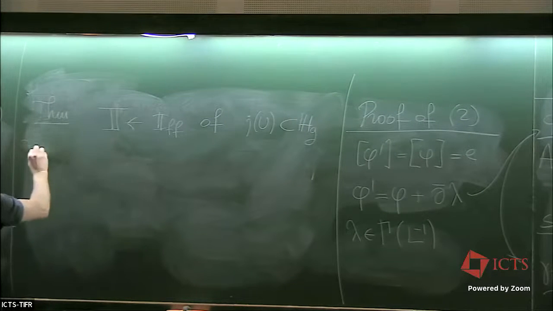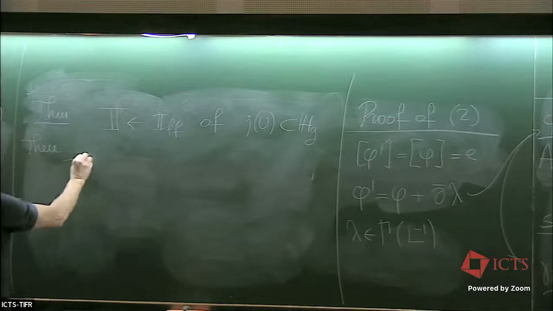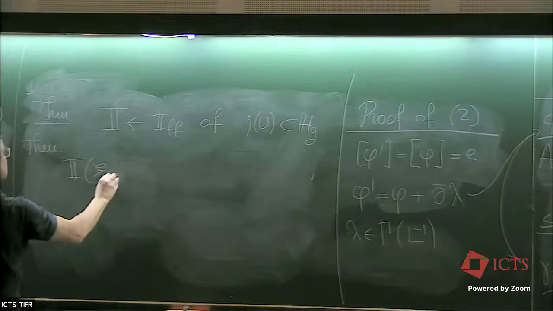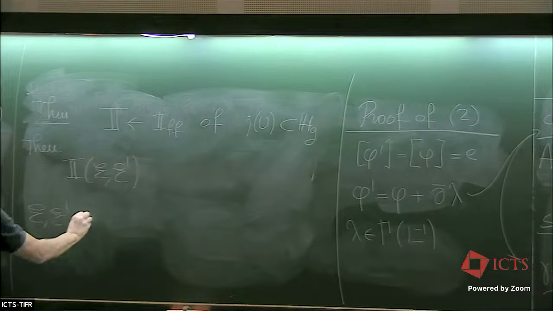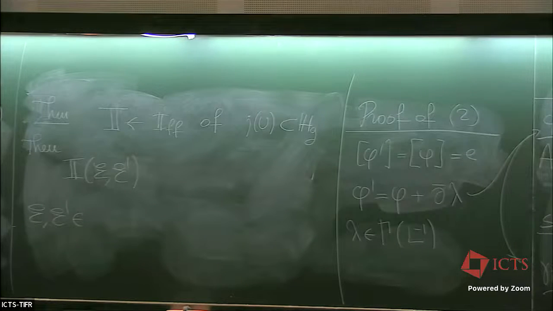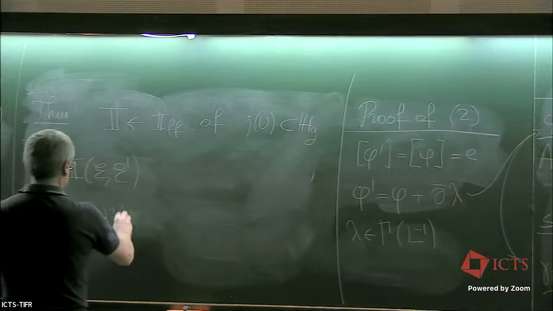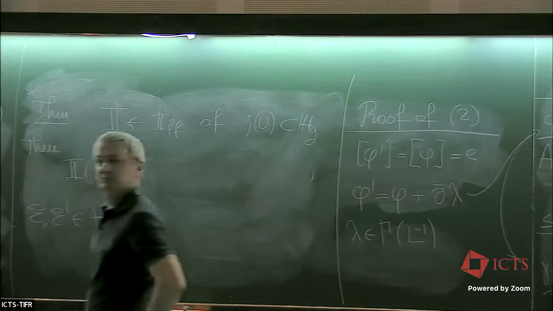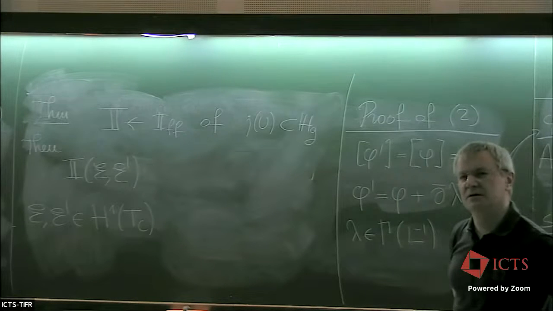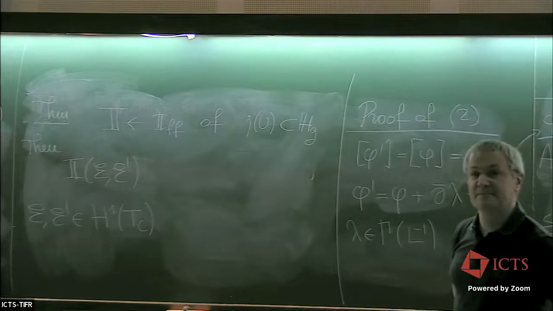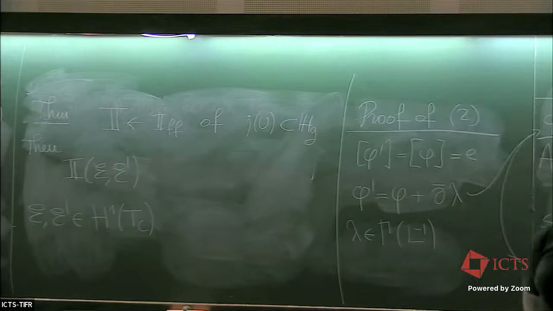Okay, then this has to be computed where? If I take Xi and Xi prime, they should be in the tangent space to U, which is the H1 of the tangent sheaf. Sorry? No, it's a submanifold because U has a lower dimension.